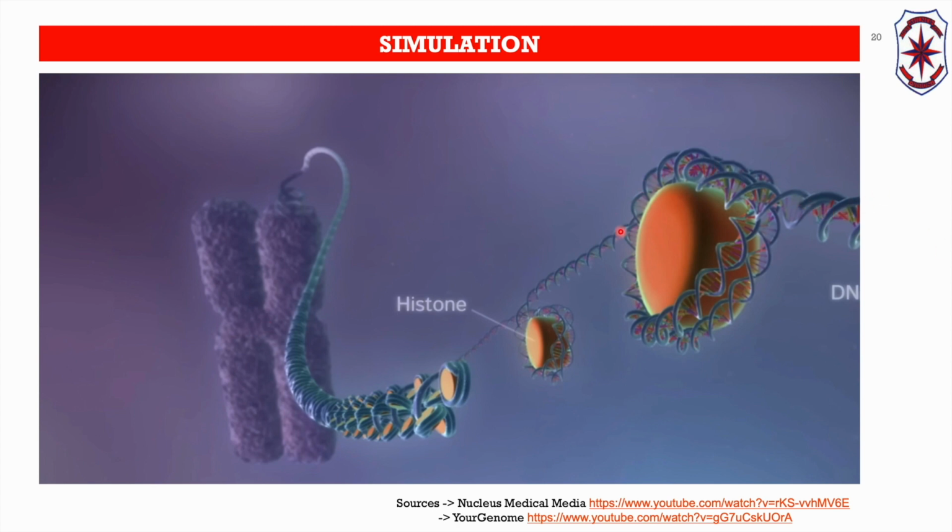So there is our DNA coiled around histone proteins. If we uncoil a chromosome, we expect to find DNA and histone proteins, because those are the two components of a chromosome.